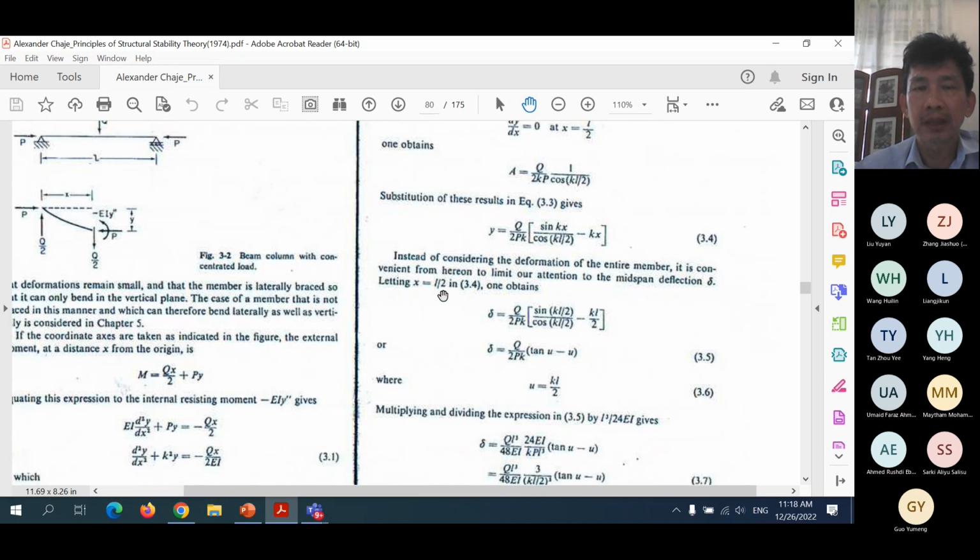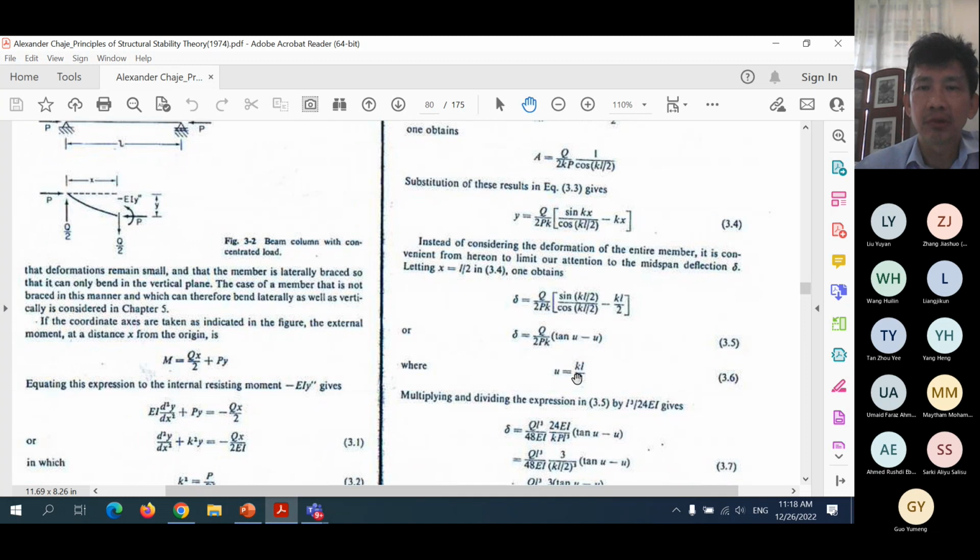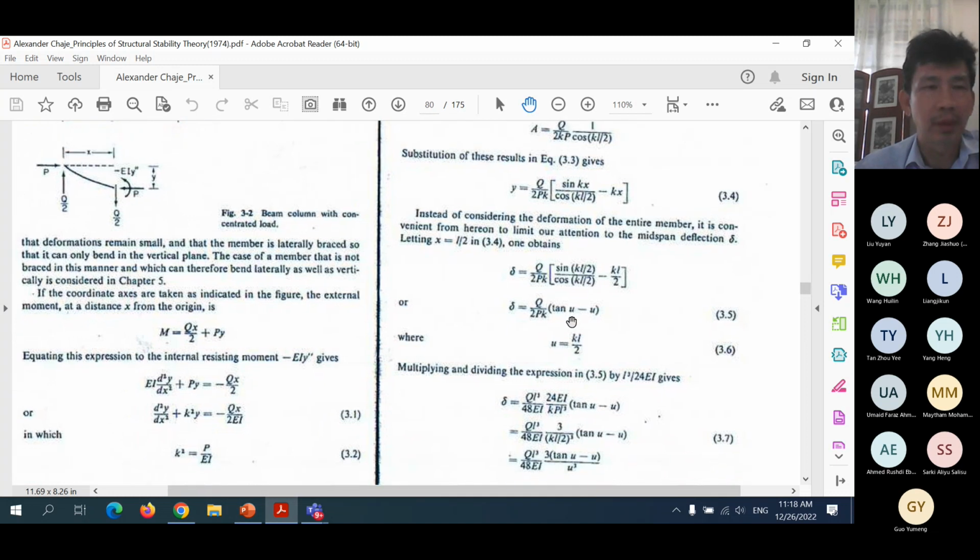So you put x equal to L over 2, then you get the maximum deflection delta at midspan given by this equation. This is just simply substituting x equal to L over 2 into 3.4, you get 3.5 here, then you simplify by introducing this term U. So remember this term U because we need it again.